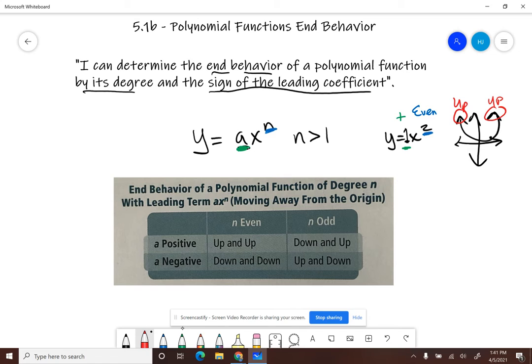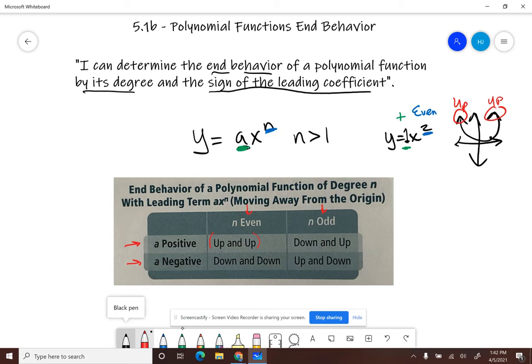This table is basically split up into positive and negative a, and n even and n odd. So again, my a term was positive and I had an even exponent. So notice what it says my end behavior should have been: up and up. And as a matter of fact, that's exactly what I had.